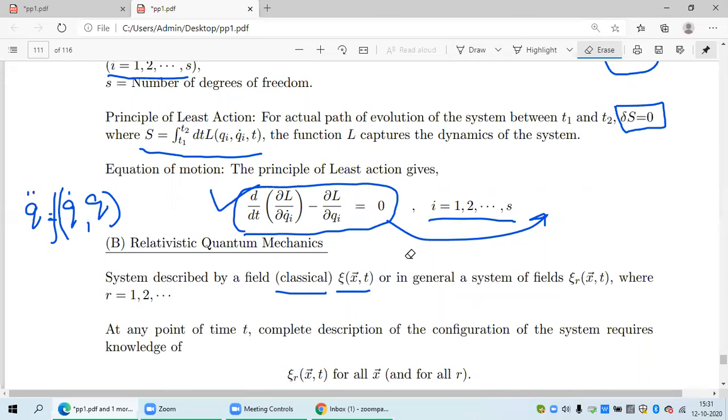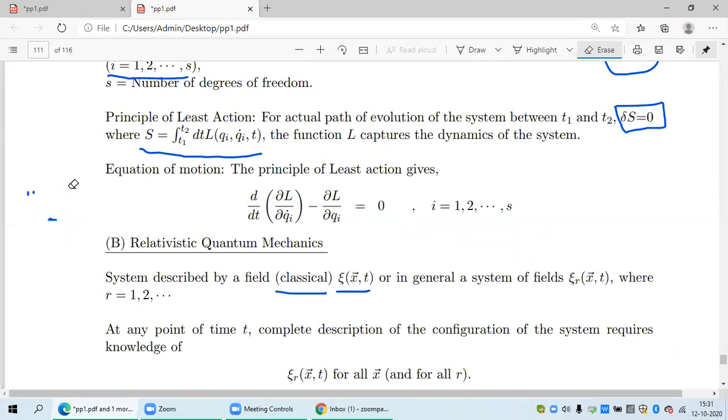Now the whole system which is described by the field, at any point of time t, the complete description of the configuration of the system means knowledge of this field. This field serves the role of generalized coordinate for the system.